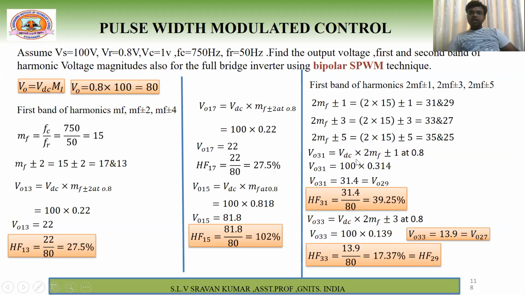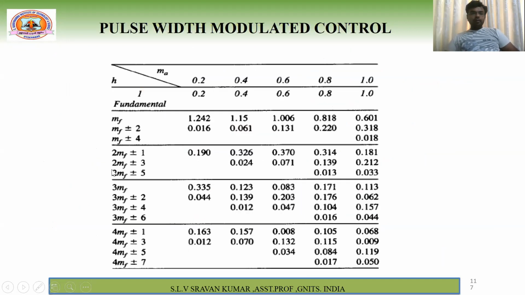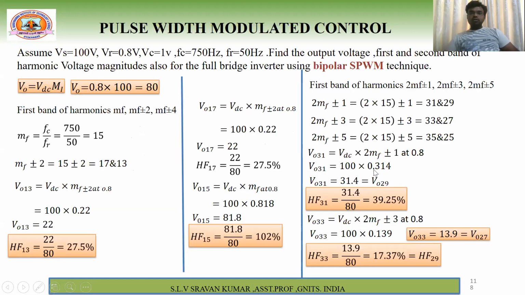V naught 31 is VDC into 2mf plus or minus 1 at 0.8. VDC is 100. 2mf plus or minus 1 at 0.8 is how much? 0.314. So you will get V0 31 as 31.4.